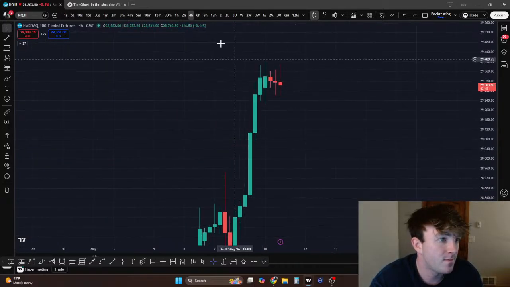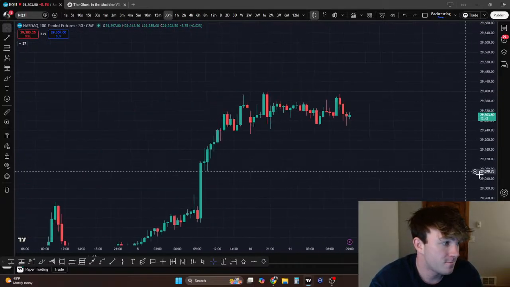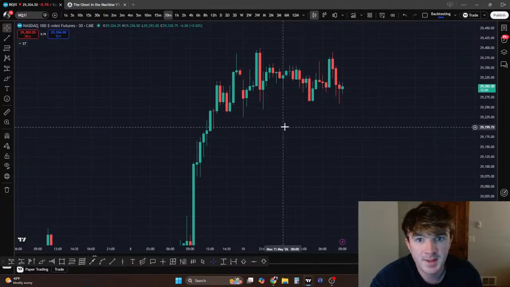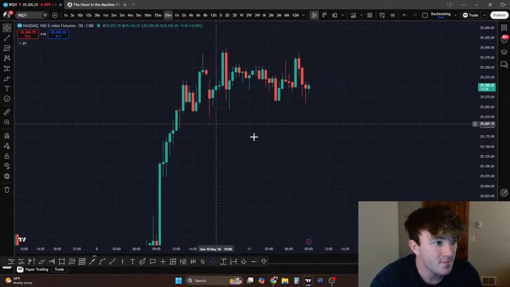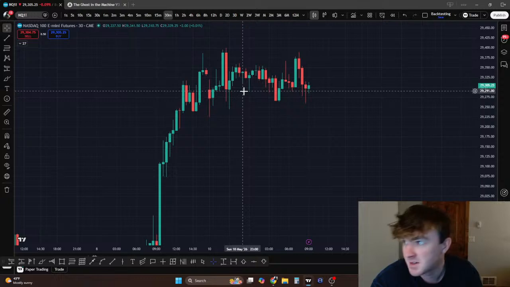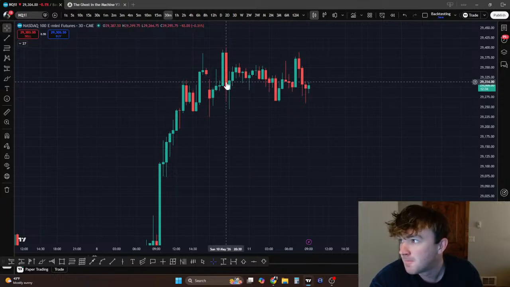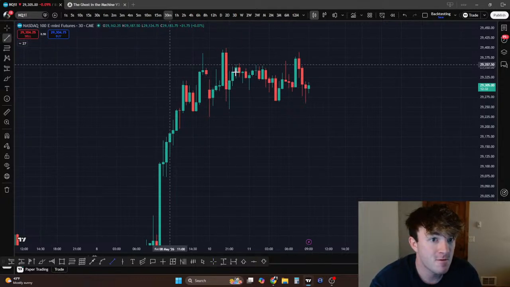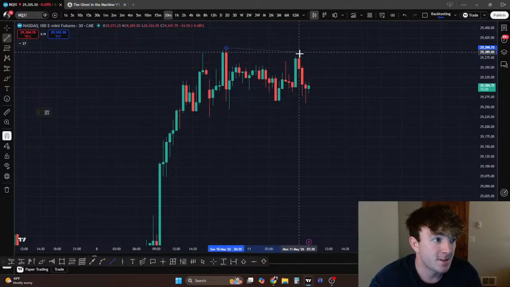Okay. Yeah, let's just start out probably on the hourly chart. We're in just a giant consolidation here. There's bearish SMT there.